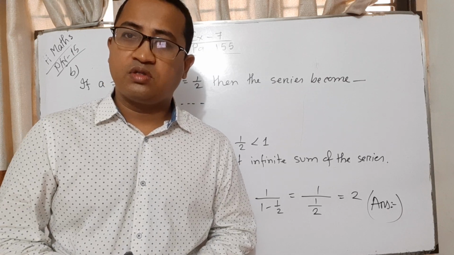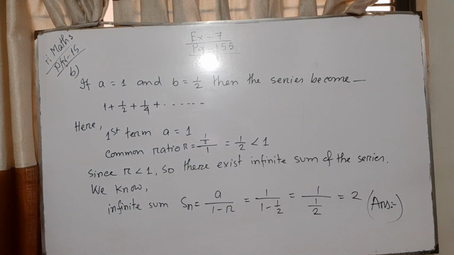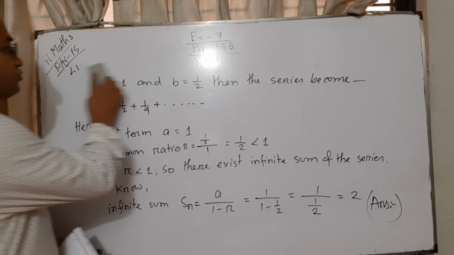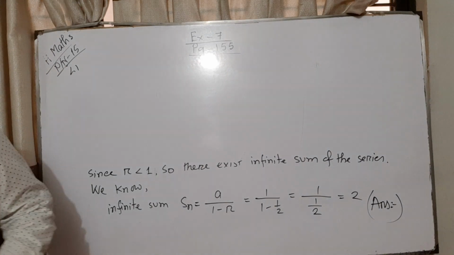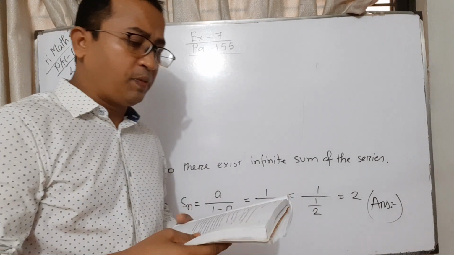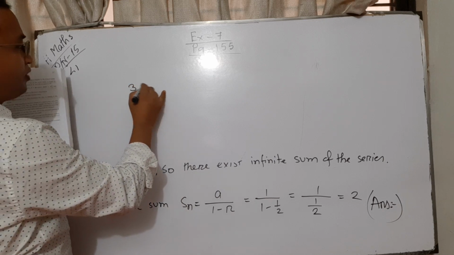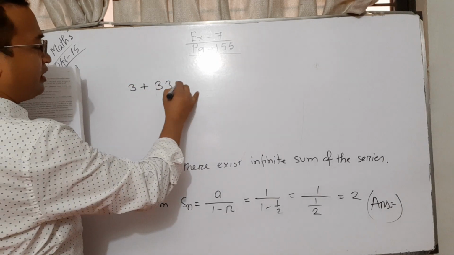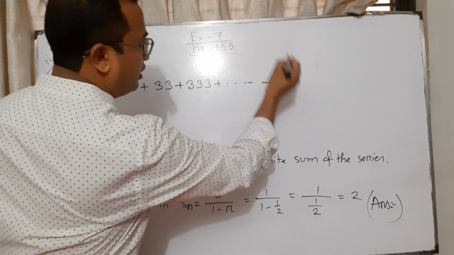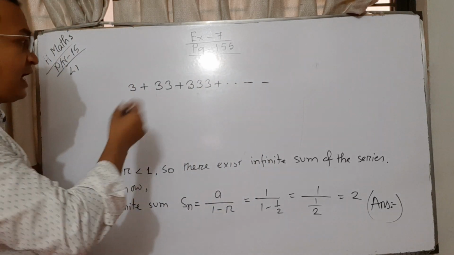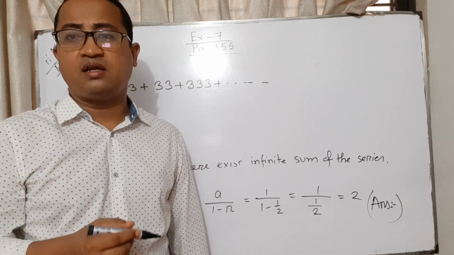So now question number 3. Look at the question, all of you. If we place a equals 3, ab equals 33, and ab square equals 333, then the series becomes like this: 3 plus 33 plus 333 plus and so on.